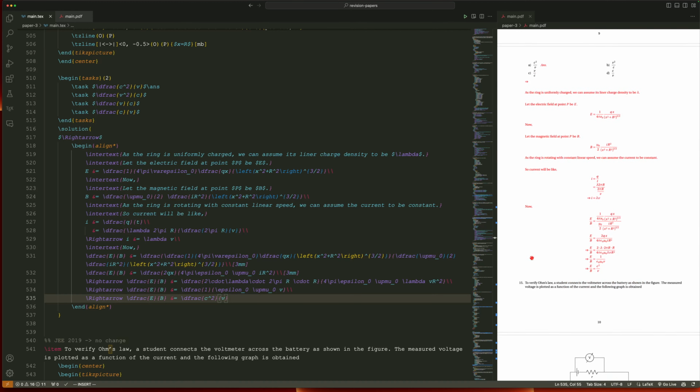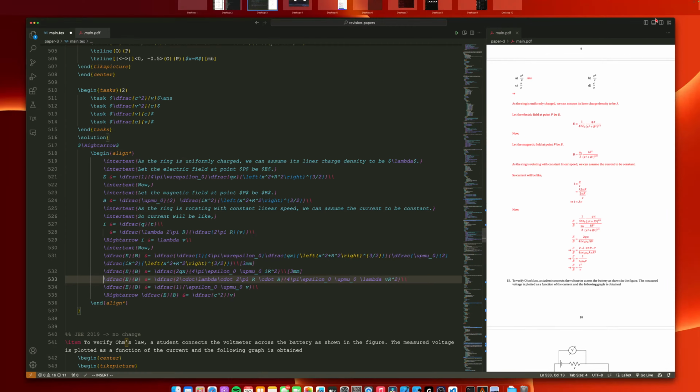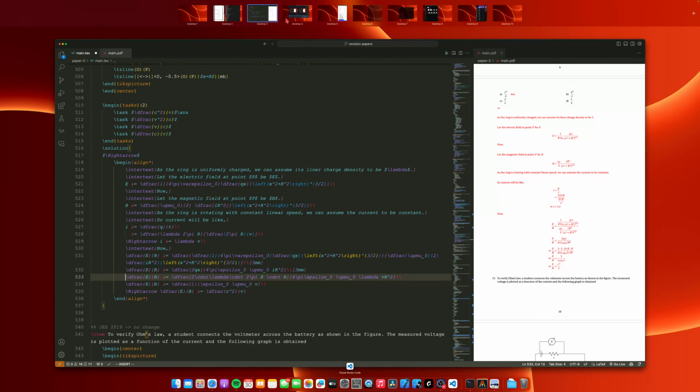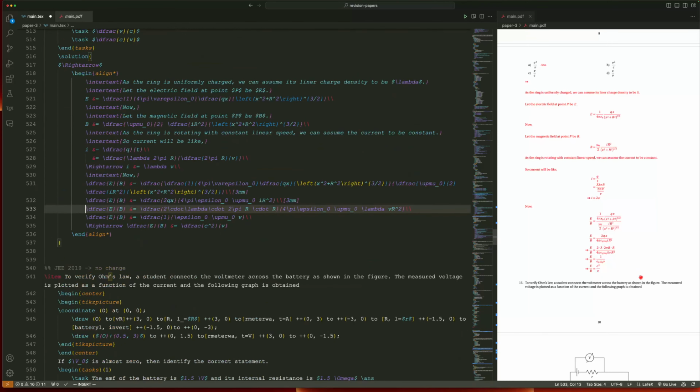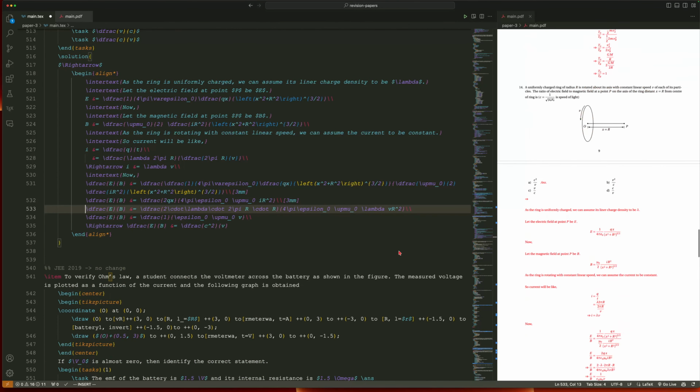It's a difficult question. Oh yeah, it was quite difficult, but not that difficult if we solve from fundamentals, just using the Biot-Savart law, then we may be facing some difficult challenges.